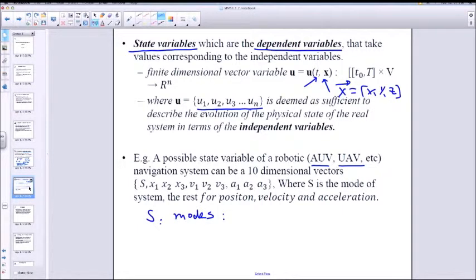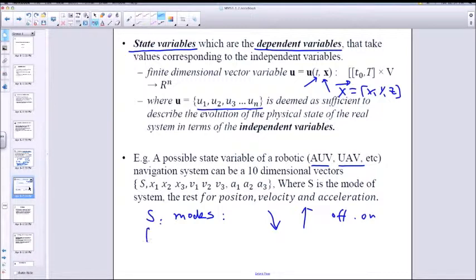If we talk about AUV, AUV stands for autonomous underwater vehicle, basically a submarine. The mode could be diving, surfacing, and off, on. That's the first variable. That's a discrete type.